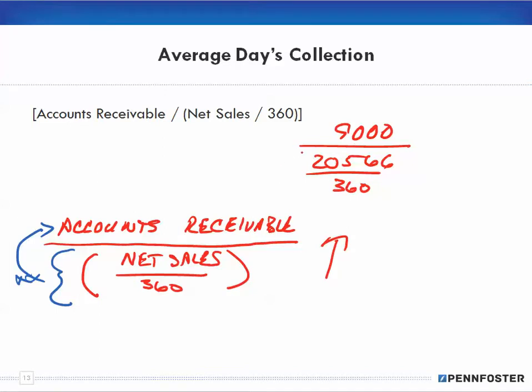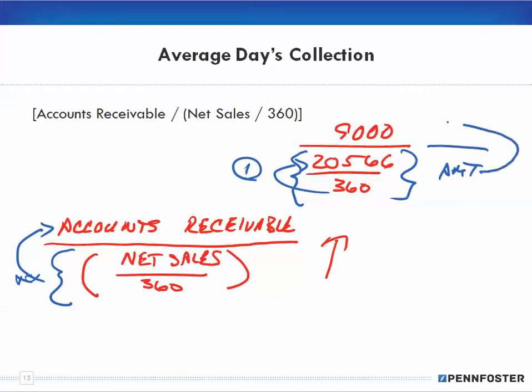Again, what we would end up doing is we work from the bottom up, and we would divide the 360 into the 20,566. That would be the first thing, and whatever we got for that amount, we would divide that into the 9,000.